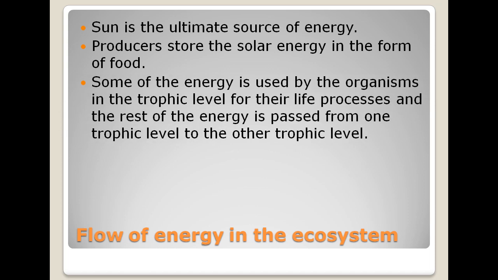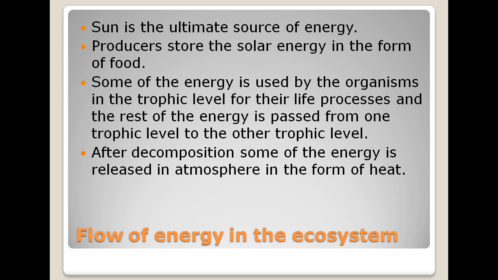Some of this energy is used by the organisms in the same trophic level for their life processes. Like producers will take the solar energy and use it for their own life processes. And the remaining energy is passed from the producers to the next trophic level, that is the consumers.